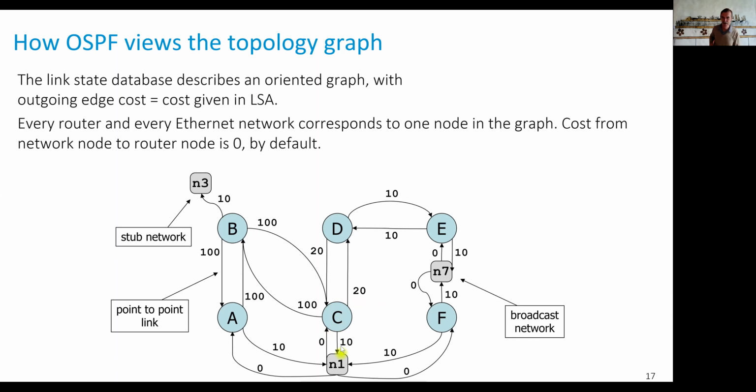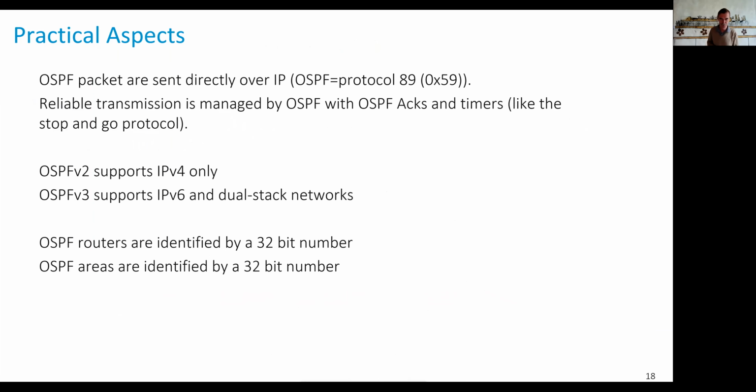And when we add virtual nodes, we add typically, not always, a cost of 0 from the node to the router here, to make sure that the cost from E to F, for example, is exactly what E and F think that they are doing here. So this is the graph that will now be viewed by OSPF. And on this graph, OSPF will compute the shortest path.